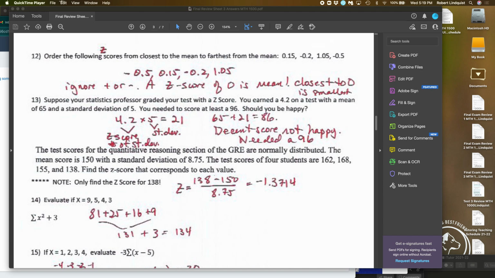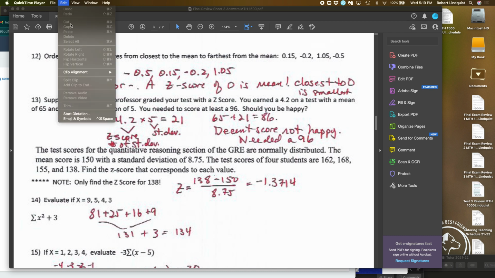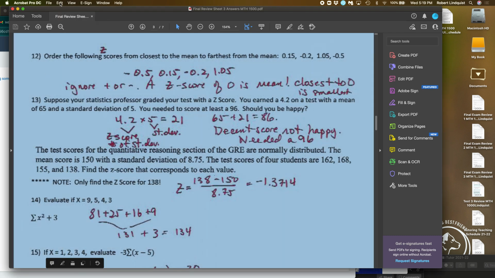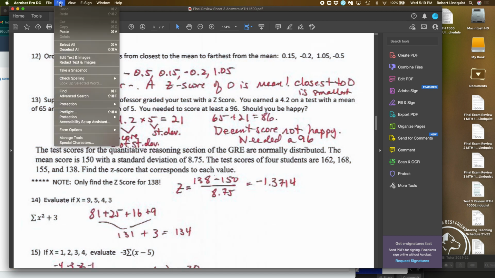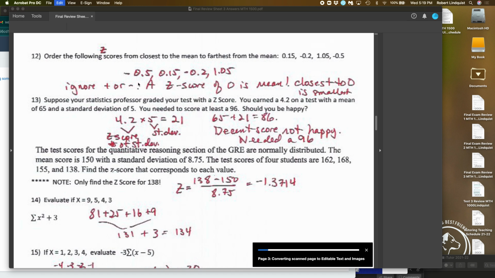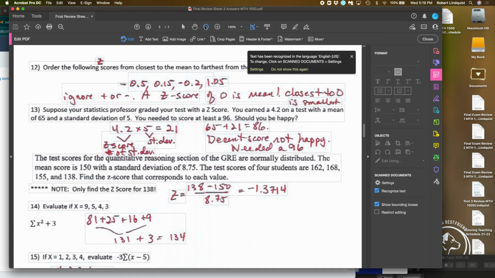Let's do a little editing here. Let's go to here, ready? Edit text and images. Okay, so I'll be able to do that in just a minute. Ready? Add text. This is the correct answer.